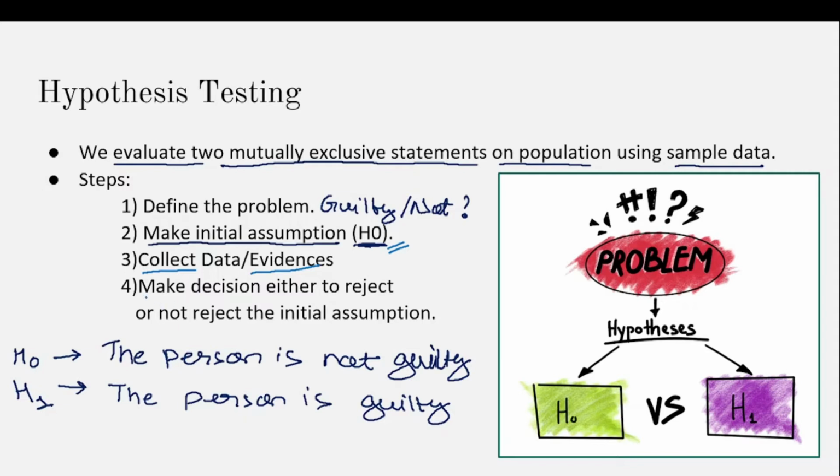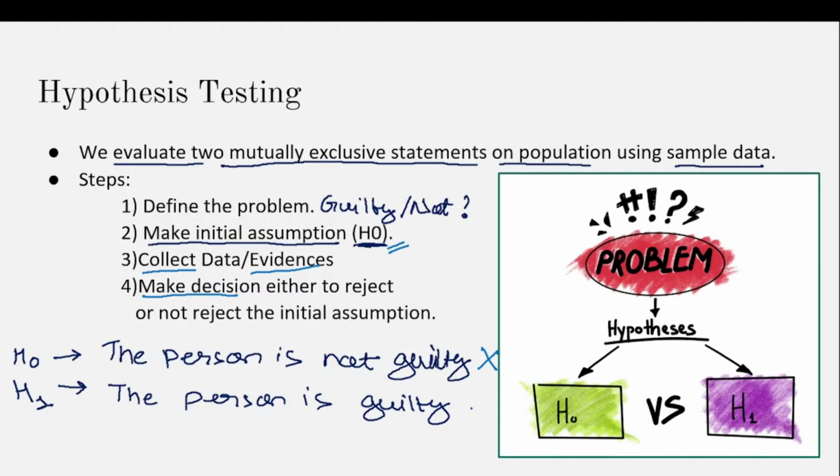Now, after we have the evidence, we need to make a decision. We have to decide whether to reject the null hypothesis or accept it. If I have enough evidence to prove that my null hypothesis is wrong, that is, in this case, enough evidence to prove the person guilty, I will reject the null hypothesis and accept the statement opposite to it.